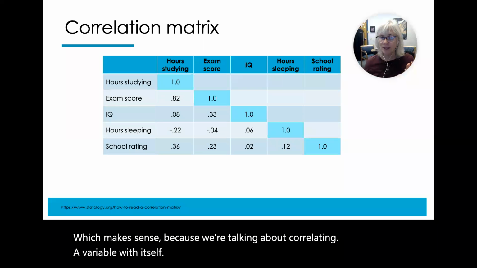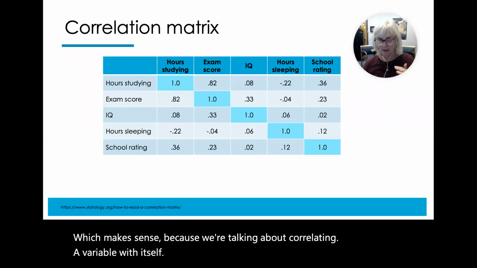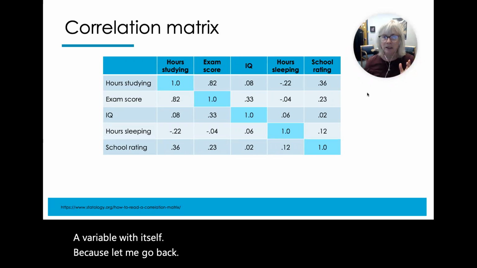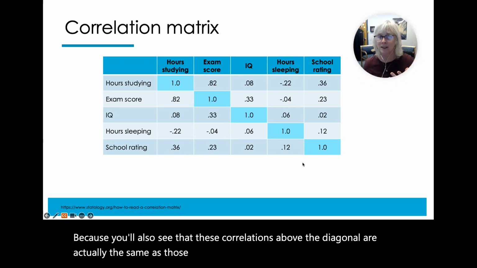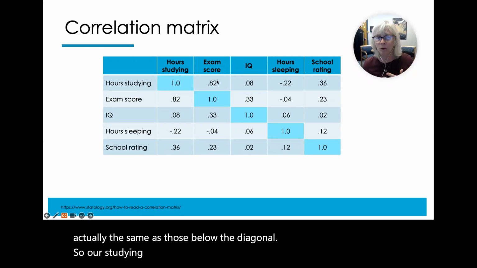Because, let me go back, you'll also see that these correlations above the diagonal are actually the same as those below the diagonal. So our studying with exam score is 0.82.